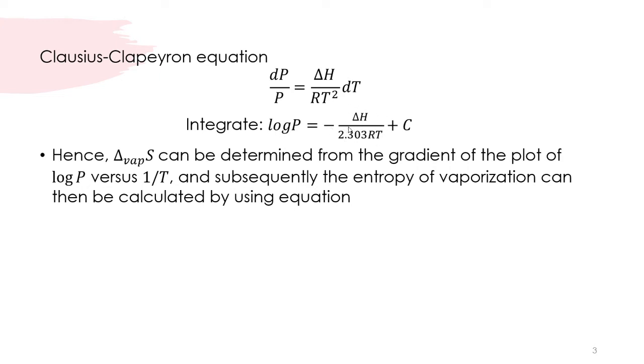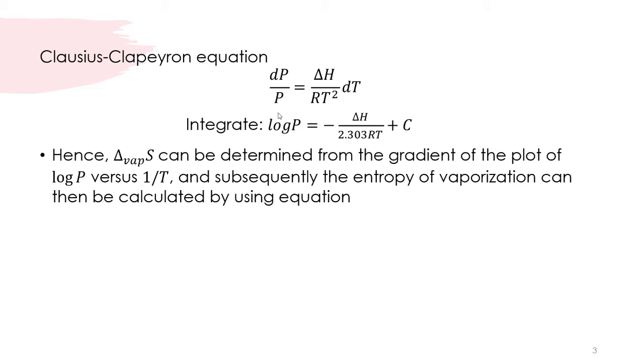But there is this 2.303 as a divisor. As I said, this integration gives you the natural log, but your lab report shows this integrated in the form of log.